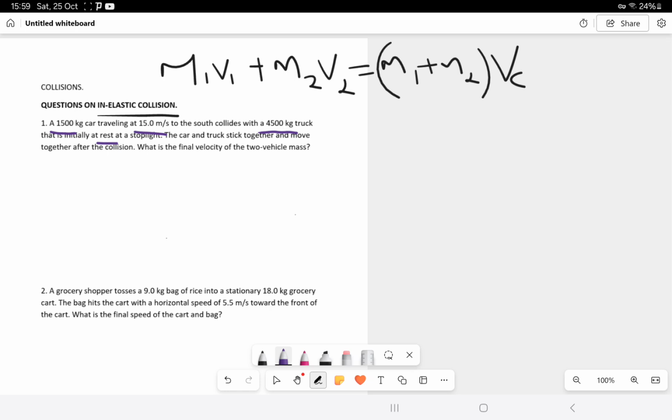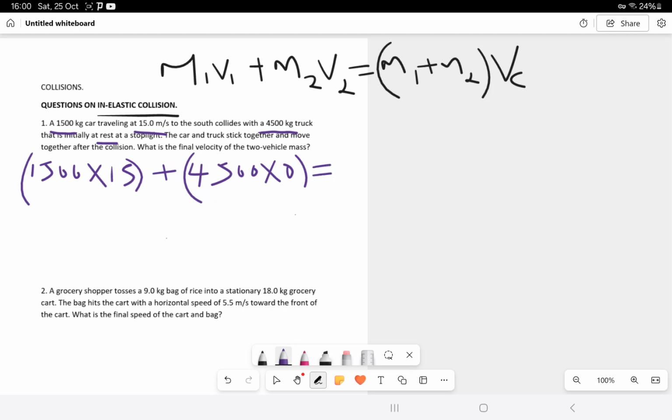Therefore I have 1500 multiplied by V1, which is 15, plus M2, which is 4500, multiplied by V2, which is 0, and this should give us 1500 plus 4500, which is 6000 VC.